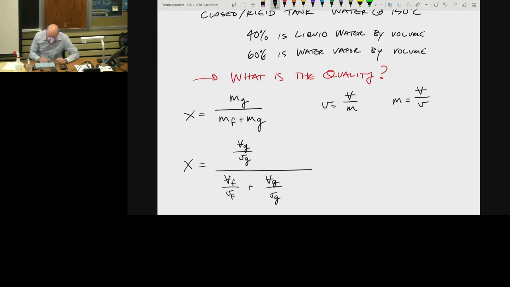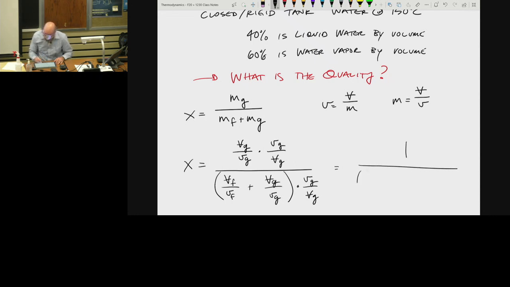What I'm going to do is I'm going to take the top times Vg over Vg. I'm going to take it over specific volume over actual volume. And since I take the top times it, I have to take the bottom times it. Algebraically, it's taking it times 1. And this is going to simplify our life a little bit. And the top is going to be 1.